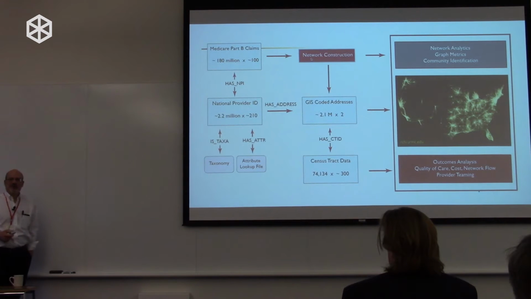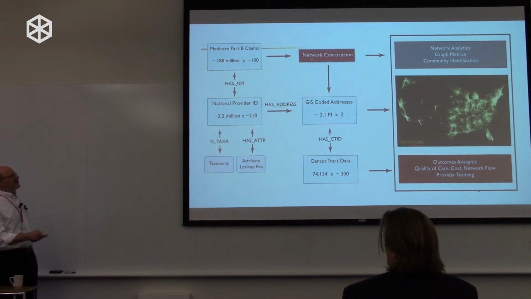This is sort of the workflow for this, including what we would like to be doing. Take this bipartite claims data and associate it with providers, and construct the networks. We've got GIS-coded addresses. I'll explain what this means in a minute. This is part of a network that we've created.